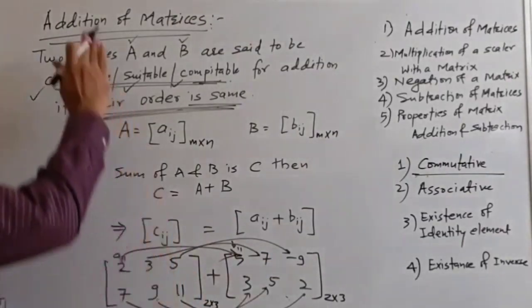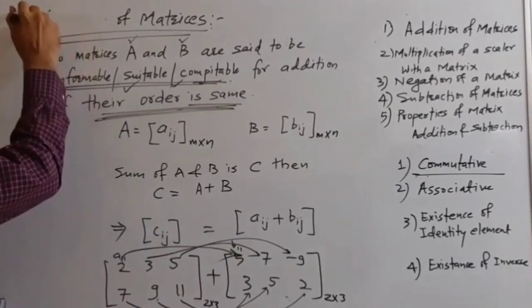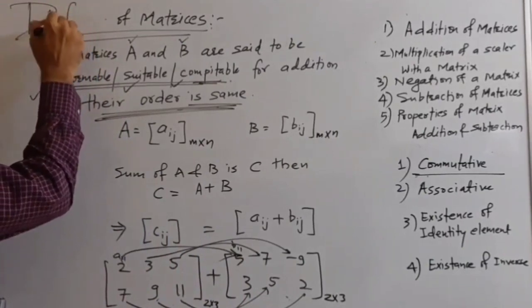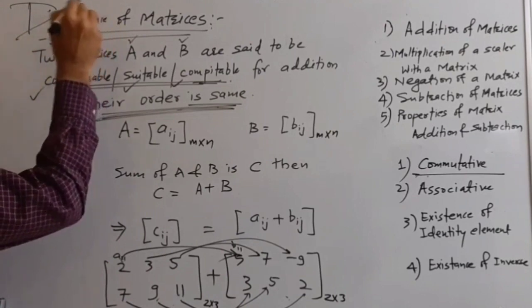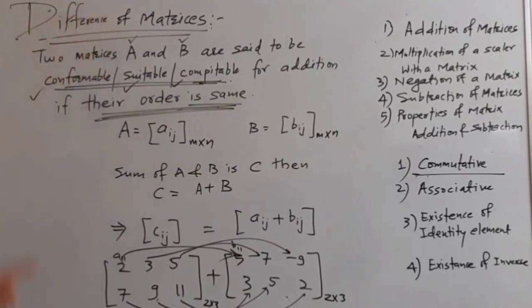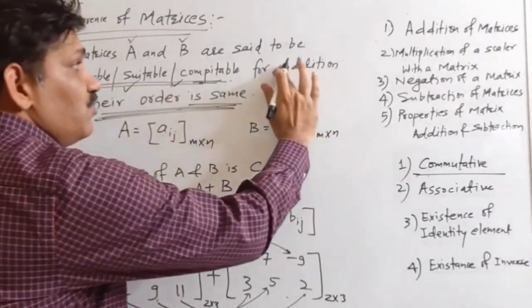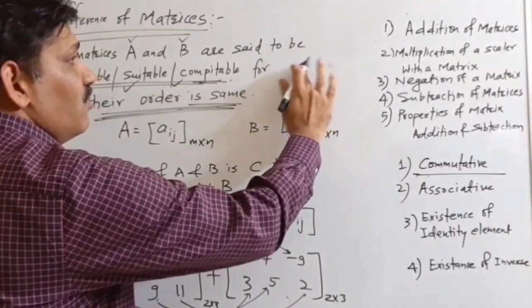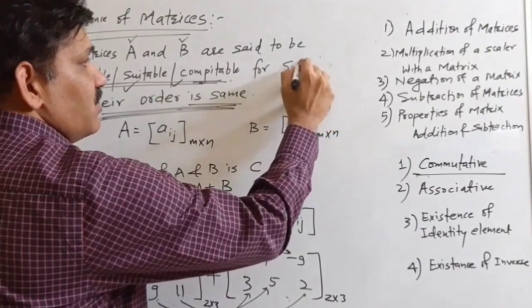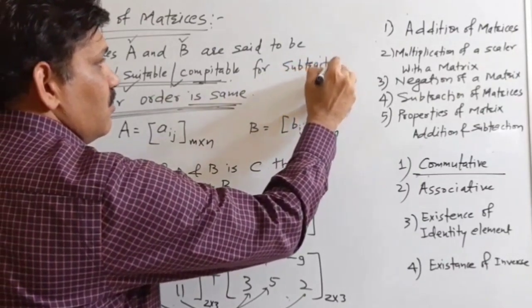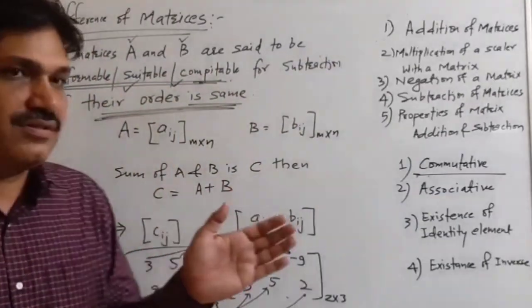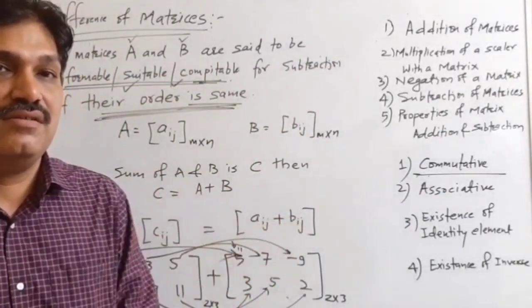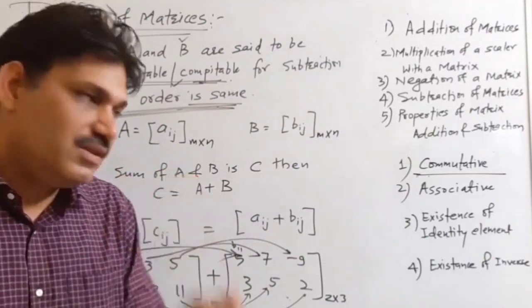Now, if we talk about the difference of two matrices. Same: two matrices A and B are said to be conformable for subtraction if their order is the same. See, for adding and for subtraction, the order must be the same.